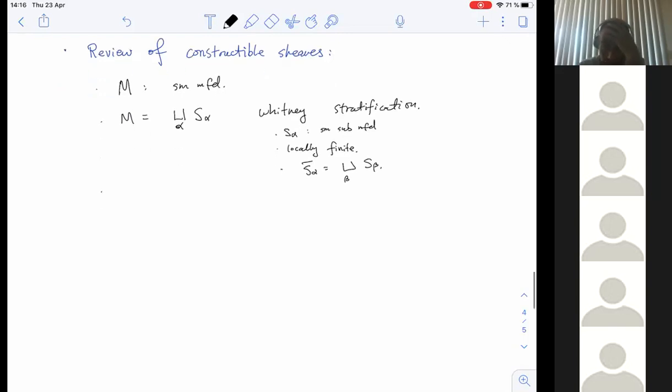And we say a sheaf is a constructible sheaf if there exists a stratification S alpha such that the restriction is locally constant.